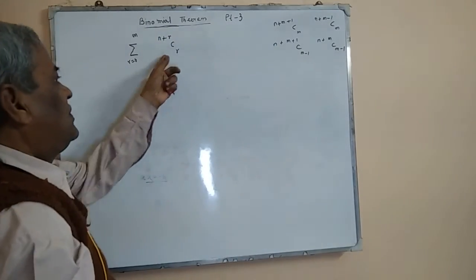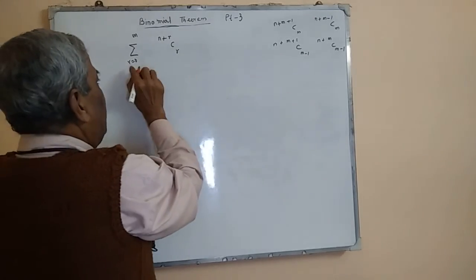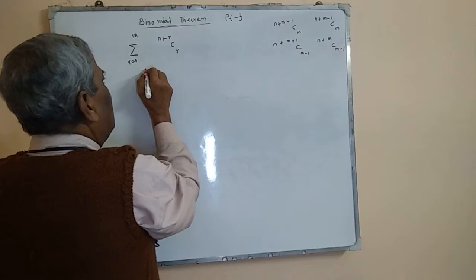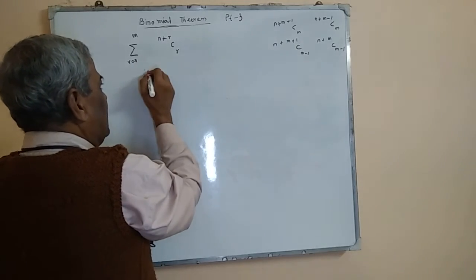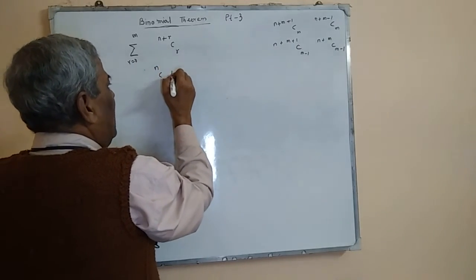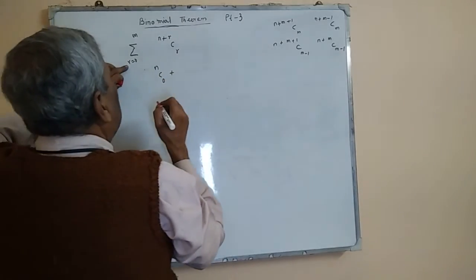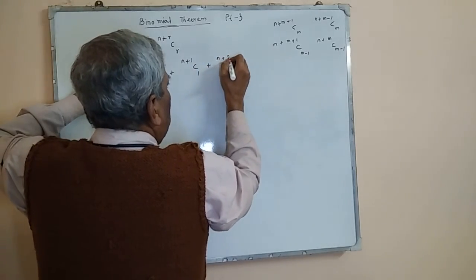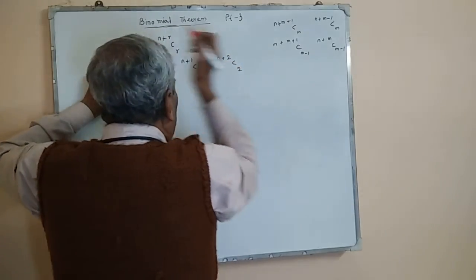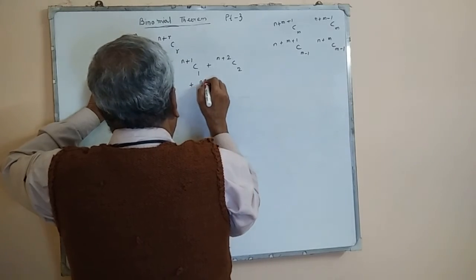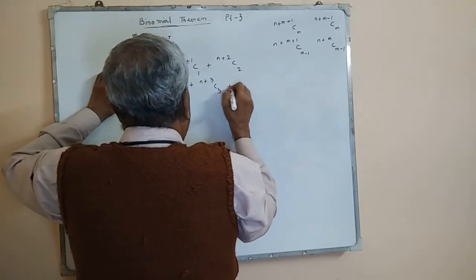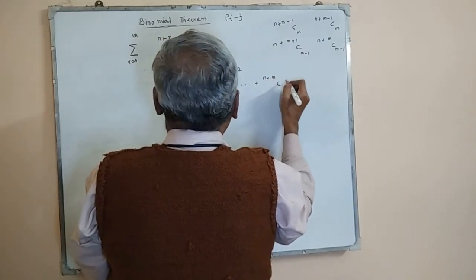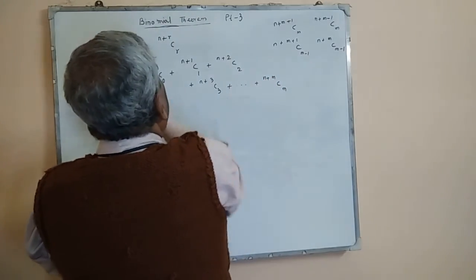There is only one series, we have to add it. Expanding, putting values of r equal to 0, 1, 2, 3 up to m: putting r equal to 0 first, n C 0 plus, next term r equal to 1, n plus 1 C 1, n plus 2 C 2, n plus 3 C 3, and the last term, obtained by putting r equal to m, is n plus m C m.